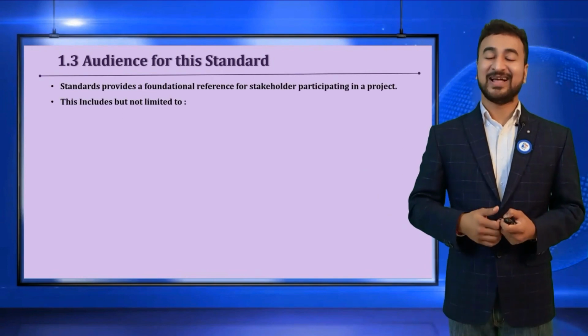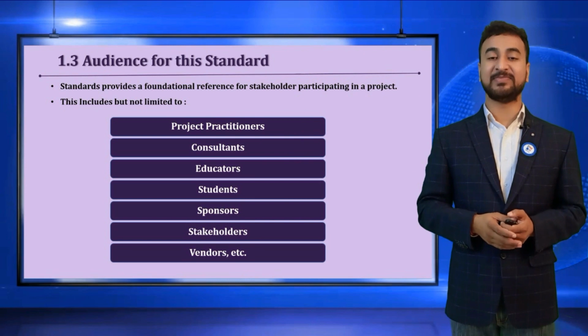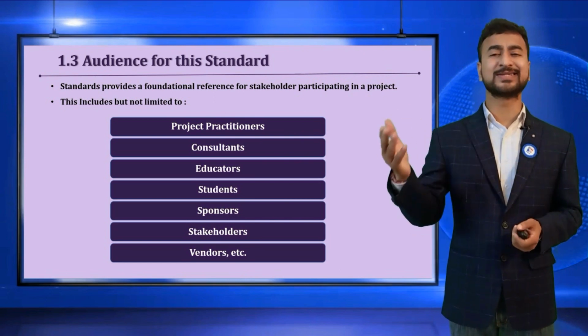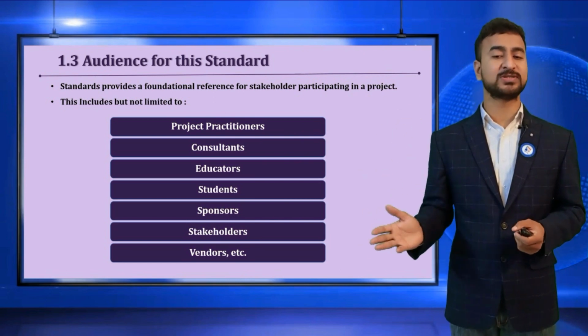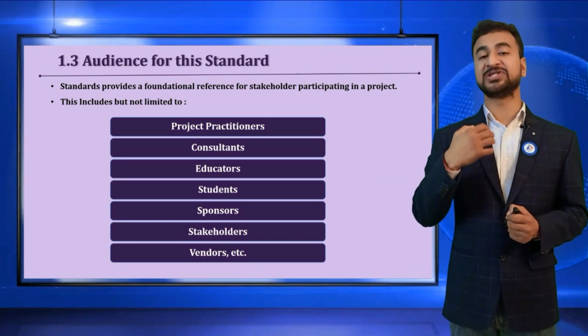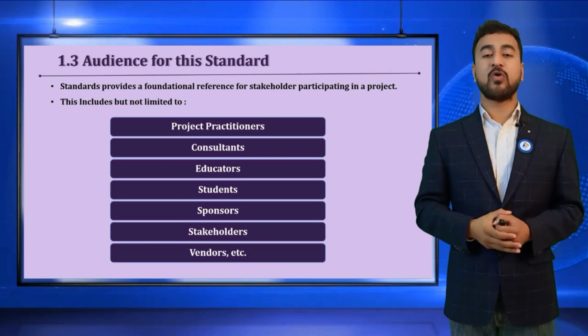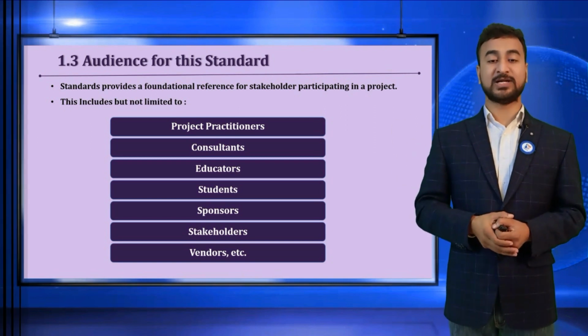All of us. Anyone who is an aspirant for project management: practitioner, consultant, educator, student, sponsor, stakeholder, vendor, whoever has the aspiration to contribute and to utilize the best project management practices. All of them are the audience for this standard.